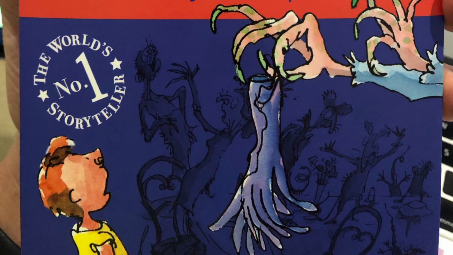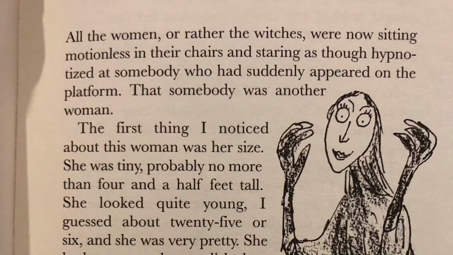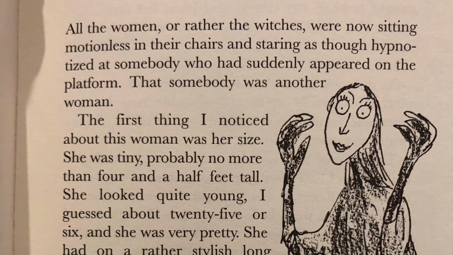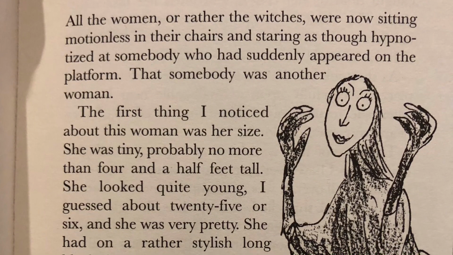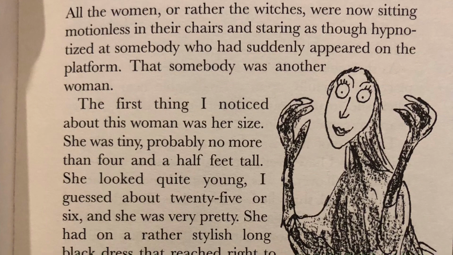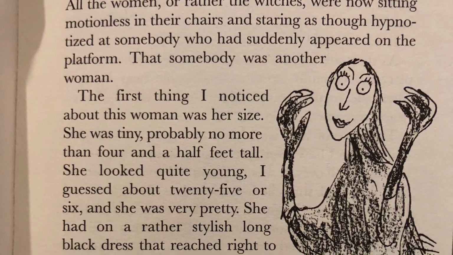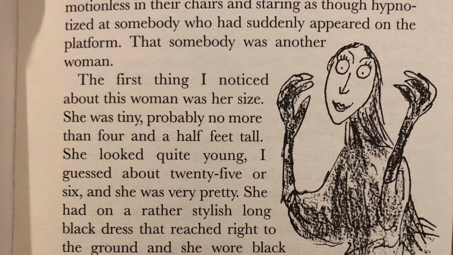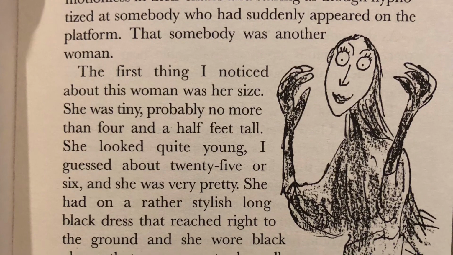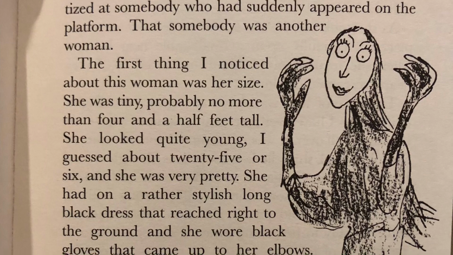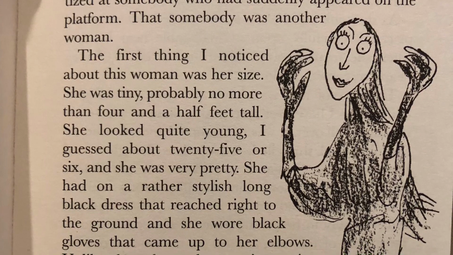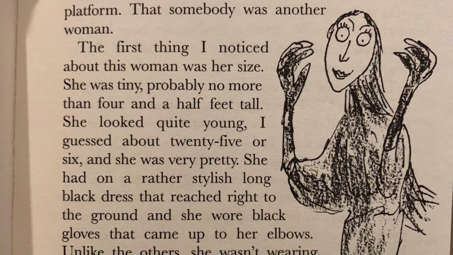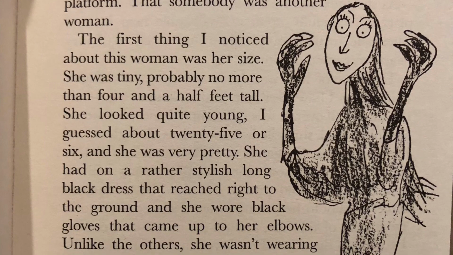It comes from the chapter Frizzled Like a Fritter. All the women, or rather the witches, were now sitting motionless in their chairs and staring as though hypnotized at somebody who had suddenly appeared on the platform. That somebody was another woman. The first thing I noticed about this woman was her size. She was tiny, probably no more than 4.5 feet tall.